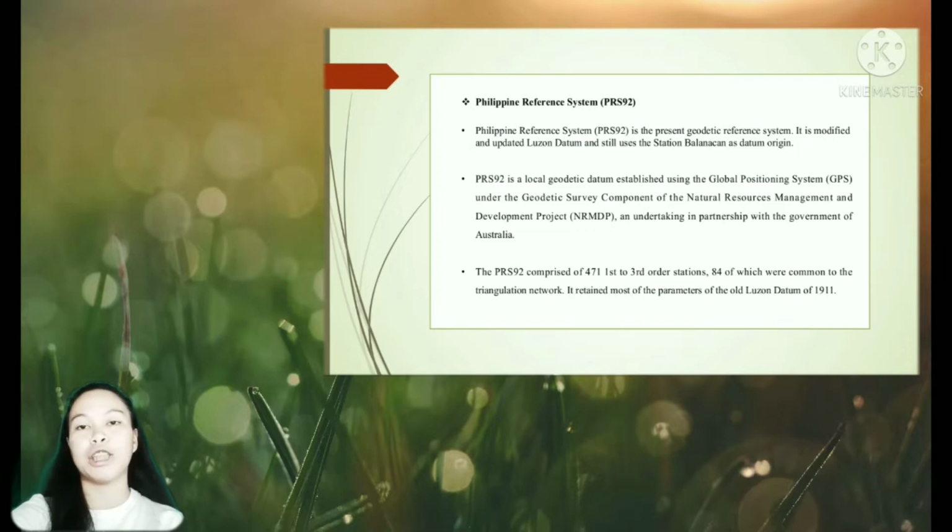The PRS-92 comprised 471 first to third order stations, 84 of which were common to the triangulation network. It retained most of the parameters of the old Luzon Datum of 1911.